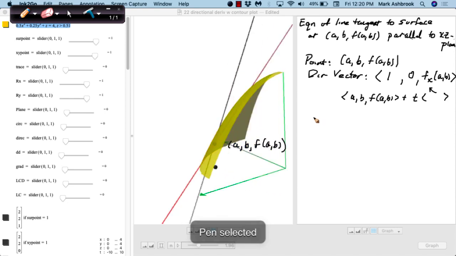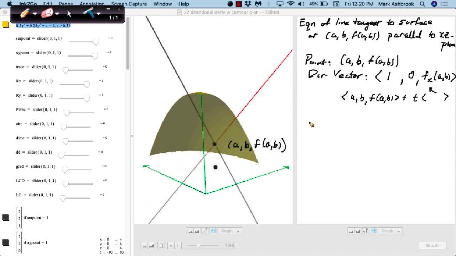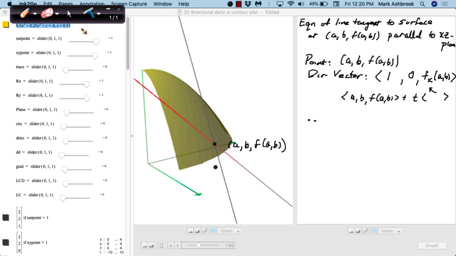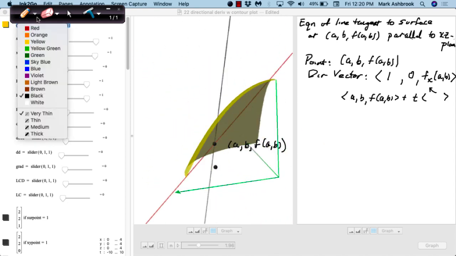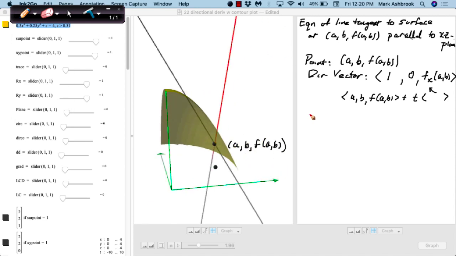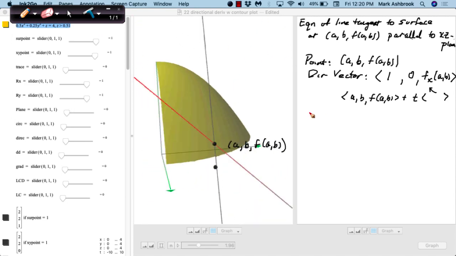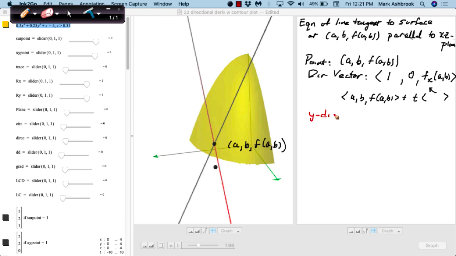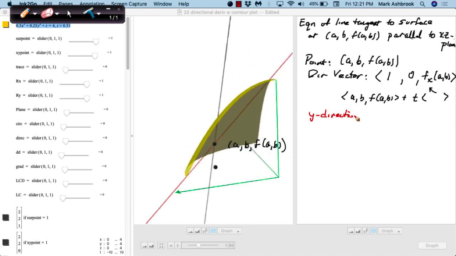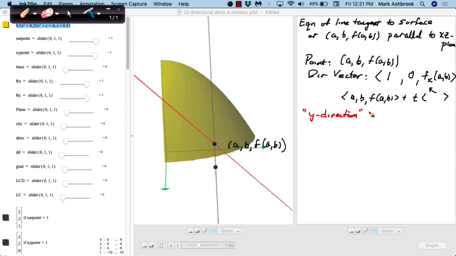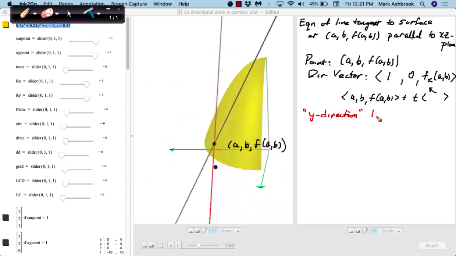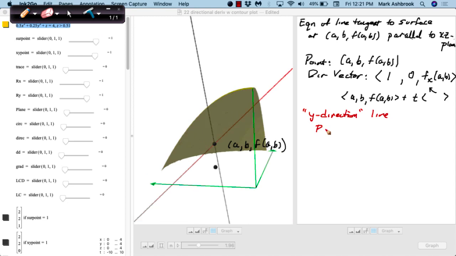So now, in red, for the y direction line, meaning parallel to the YZ plane, our point is the same.